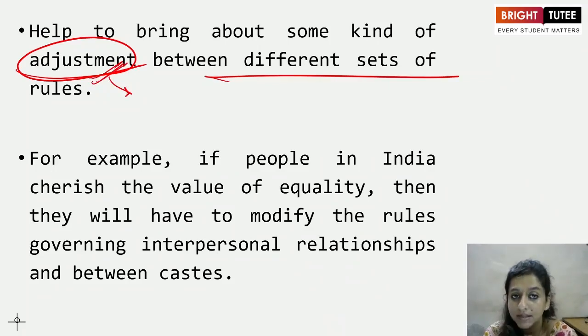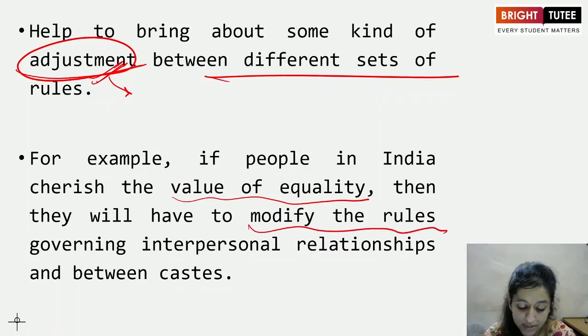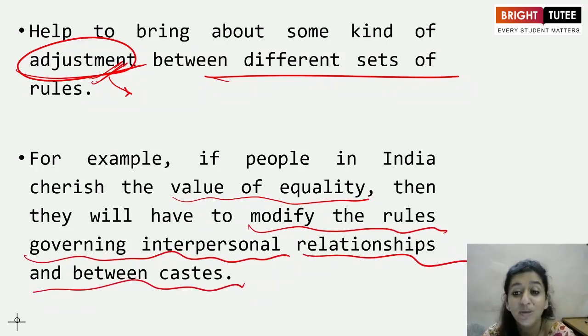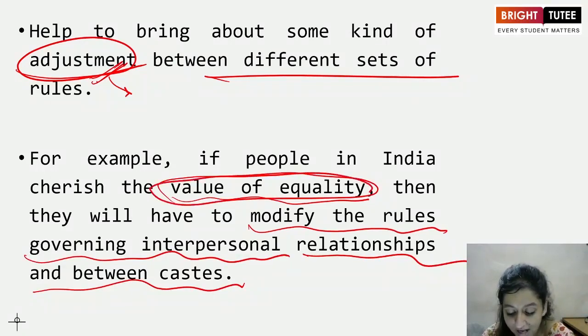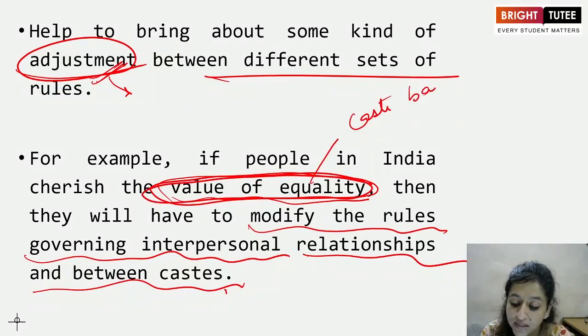They've taken an example here. For example, if people in India cherish the value of equality, then they will have to modify the rules governing interpersonal relationships between the castes. If you come from a sphere that values equality, then there is no place for caste-based violence.